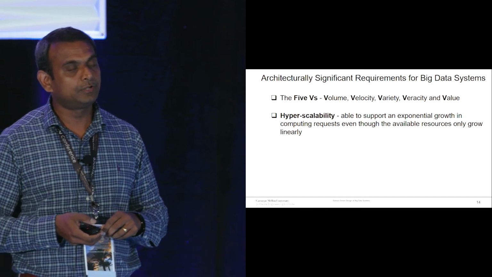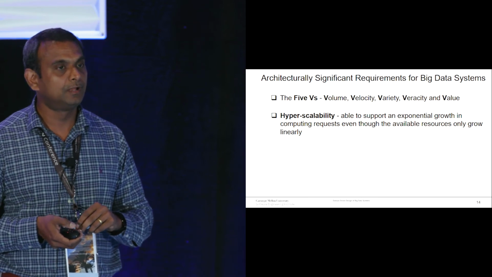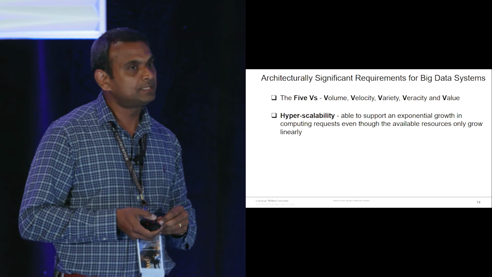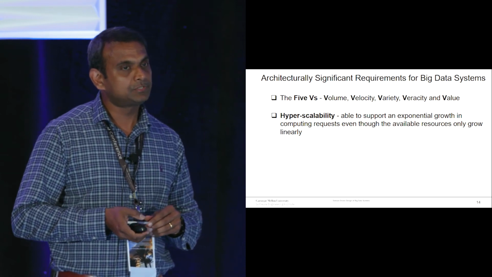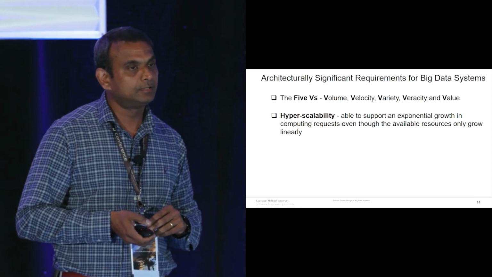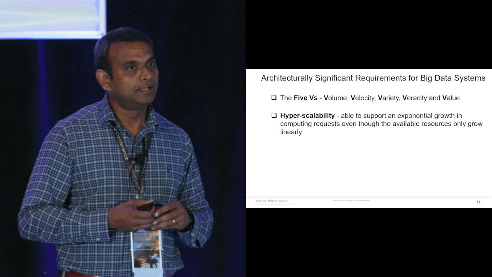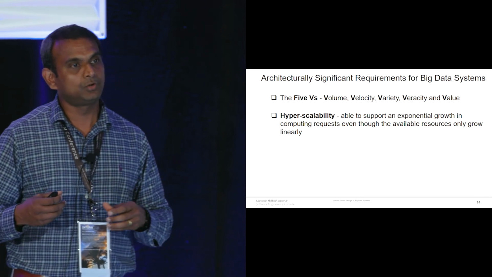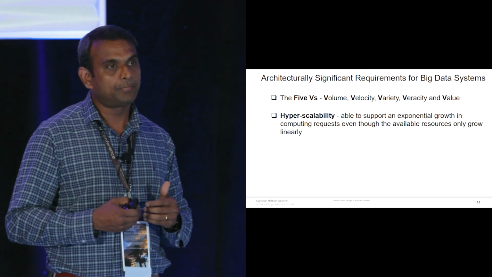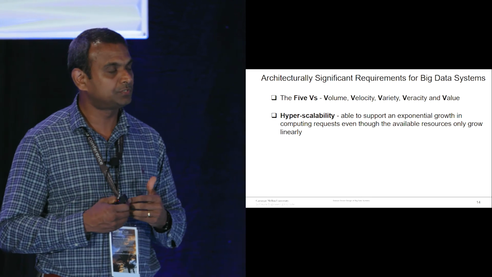The next important requirement is hyperscalability. I don't know how many of you have heard about this. Scalability is a term widely used in the software world, but there is also hyperscalability. What is hyperscalability? It means exhibiting exponential growth in the computer components and resources, while exhibiting only linear growth in the operational cost to build, run, and manage the resources.